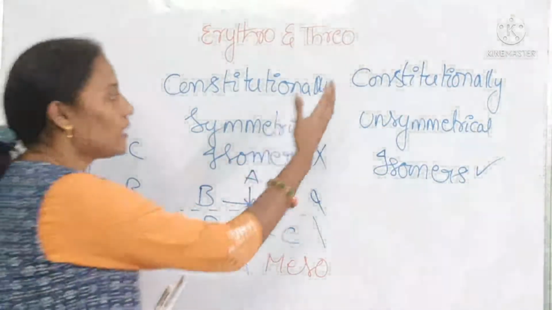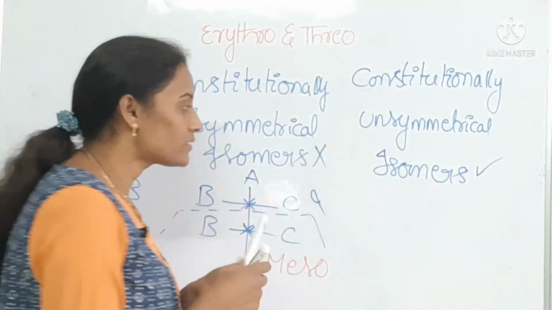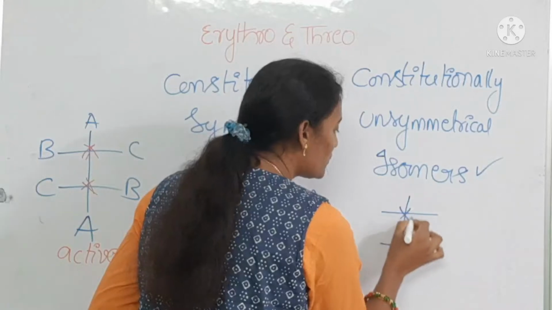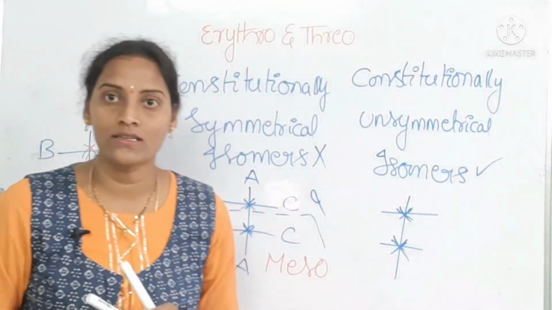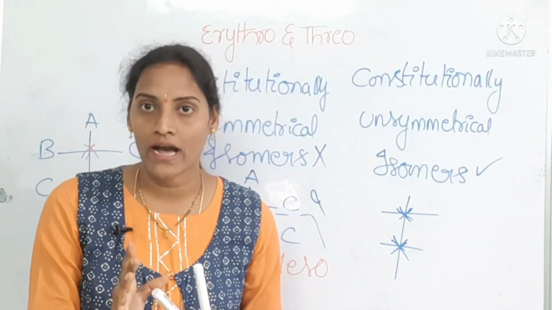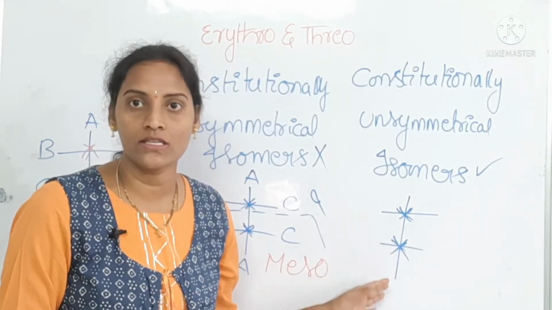See here, coming to constitutionally unsymmetrical isomers. These also have two stereo centers. At these two stereo centers, at least one substituent should vary between the first stereo center and the second stereo center.